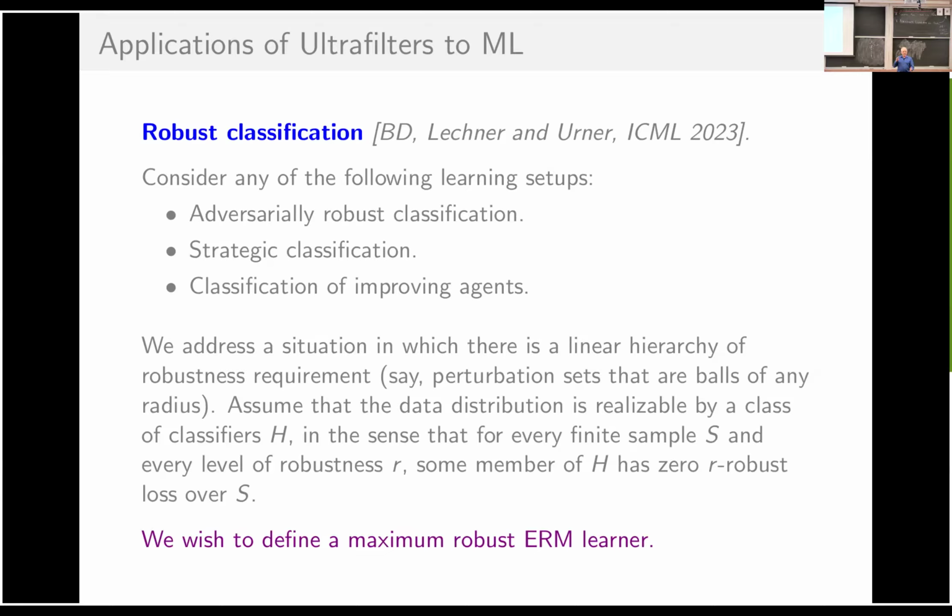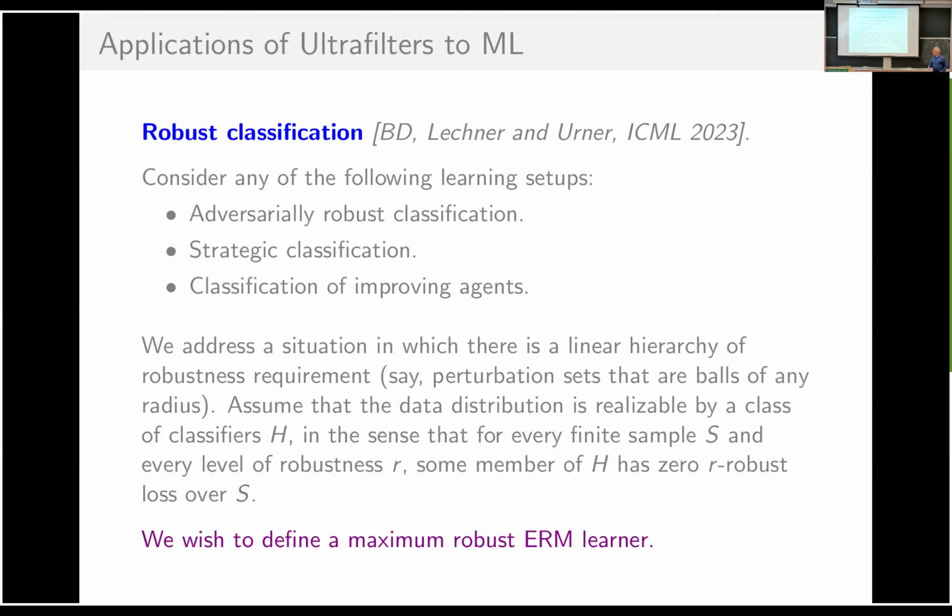So you have a hierarchy of perturbations that you want to be robust against. And assume that you have a class such that for every sample, you can get a classifier which is robust to any level. And now the question is, we wish to define an ERM learner that will be robust on every level.